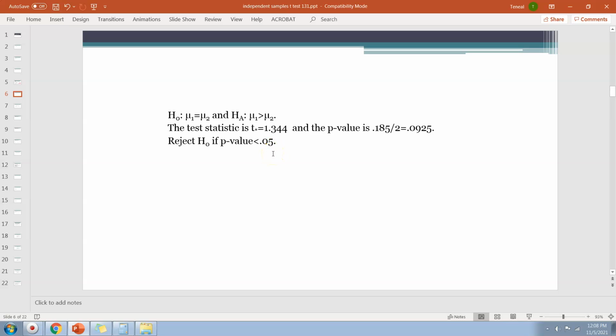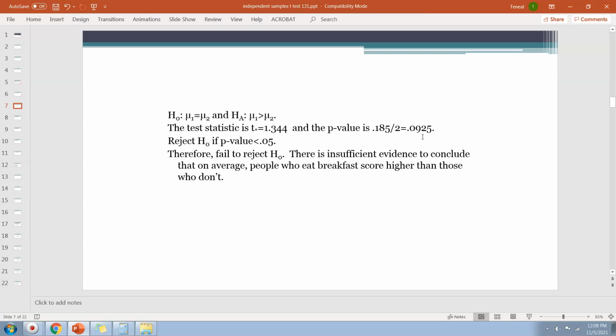So as always, our rejection rule is reject H0 if p-value is less than alpha. This p-value is not less than 0.05, so we are going to fail to reject H0. And since we're failing to reject H0, it means we have not been able to conclude that on average people who eat breakfast score higher than those who don't.